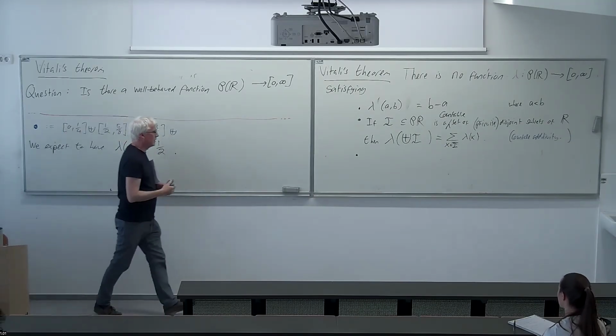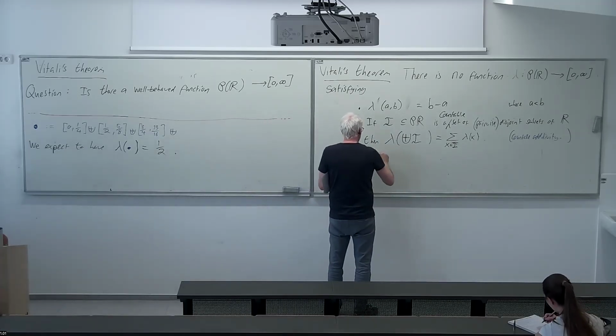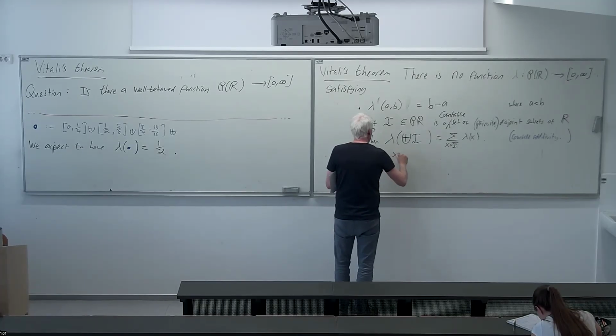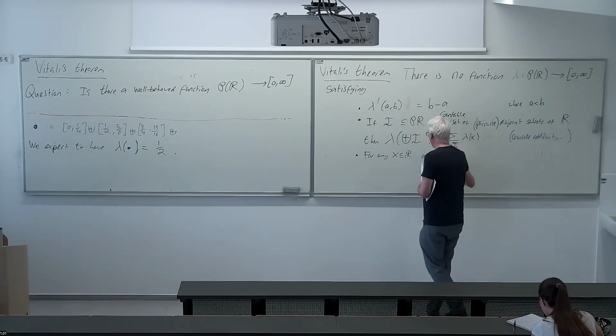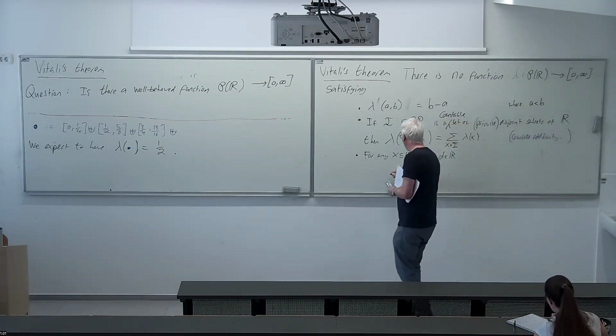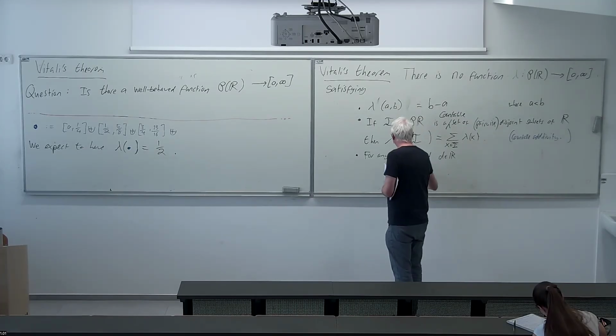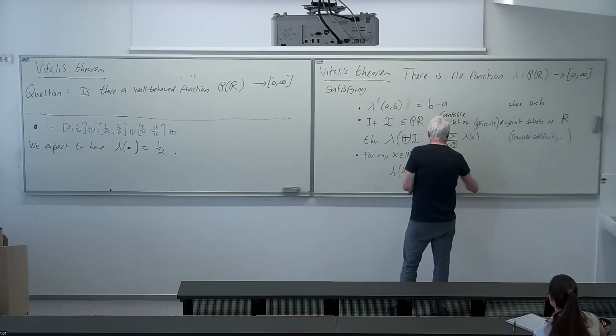So for any subset x of reals and the value d, which we think of as a displacement by which we're going to translate the set, the length of set x displaced by d is the same as the length of set x.